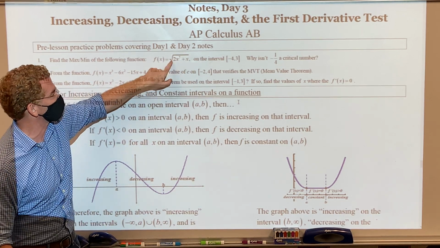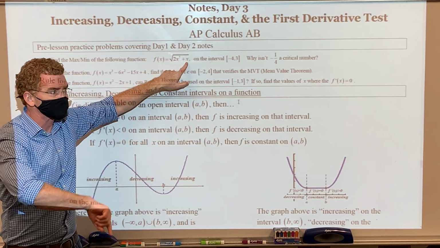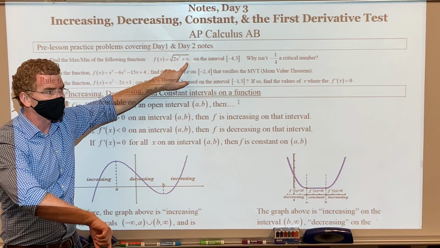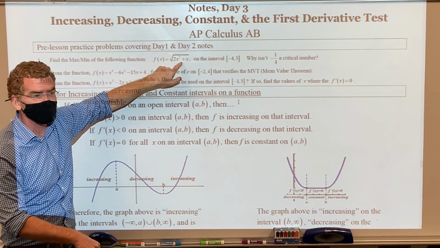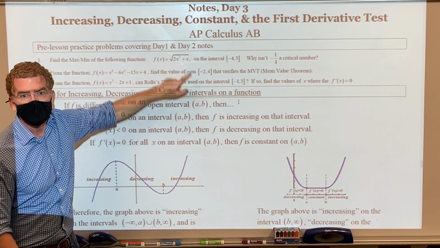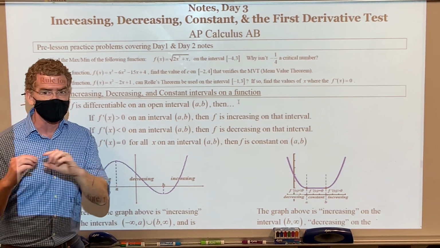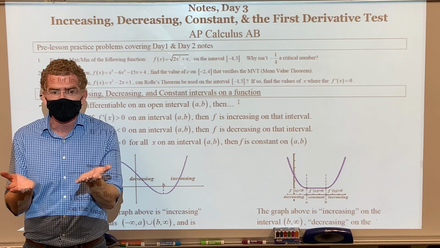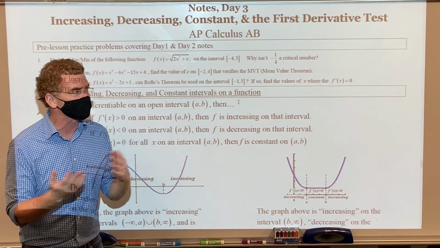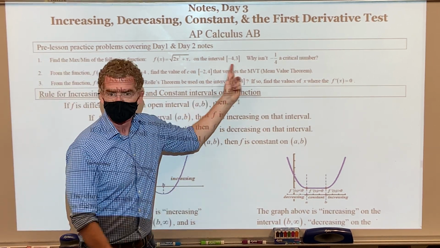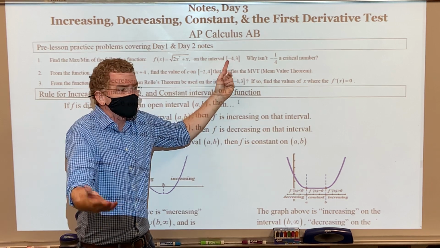On a square root function, the square root is going to end up in the denominator when you take the derivative. So there are going to be places perhaps where it's DNE, and places where it's 0. And remember that any of those values you get are not always critical numbers, because sometimes they're not even in the interval. It depends on what interval I give you.